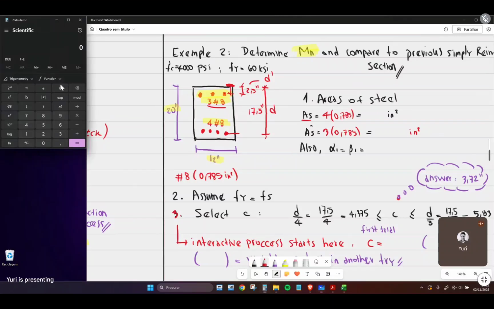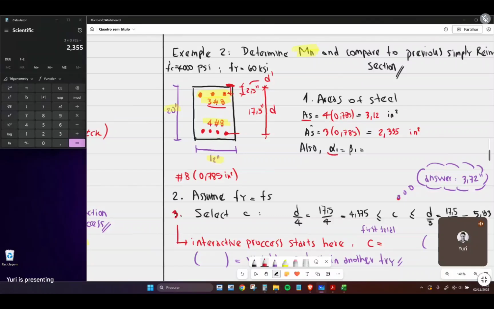Using the calculator, 4 times 0.785 is 3.14, so we have 3.14 square inches, and then 3 times 0.785 is 2.355 square inches. Good.